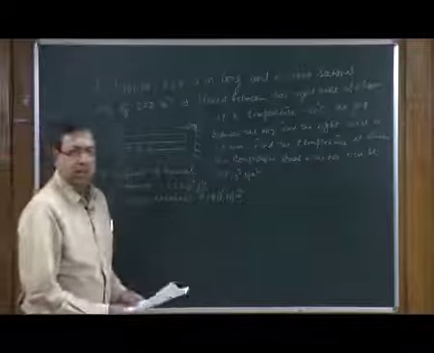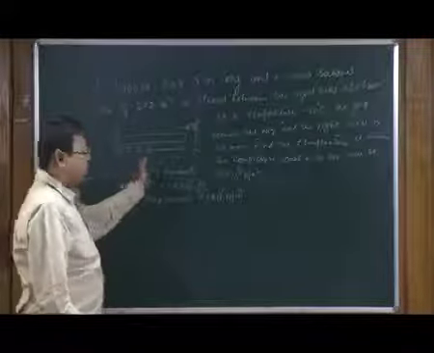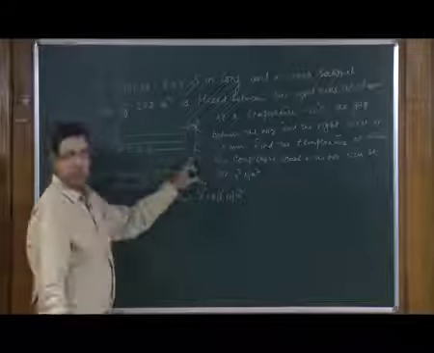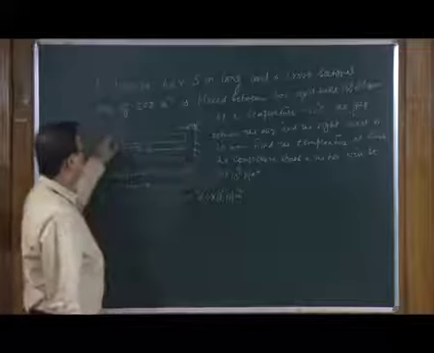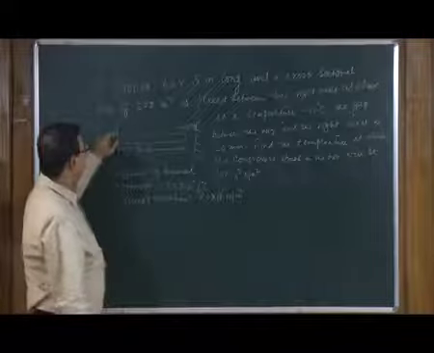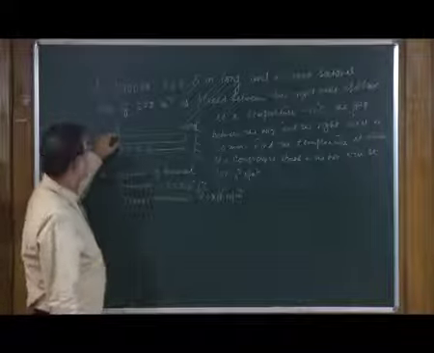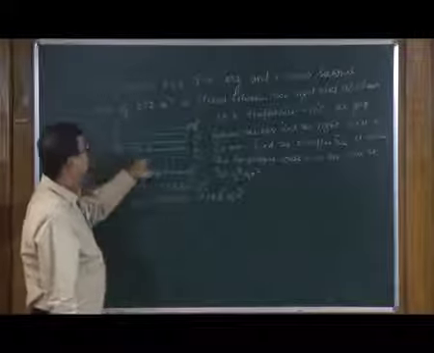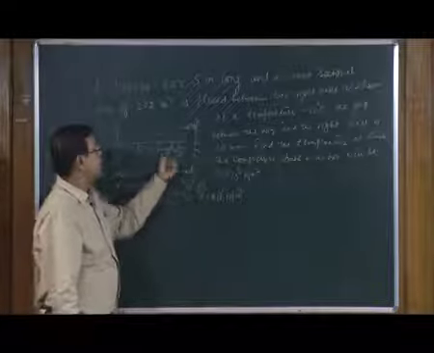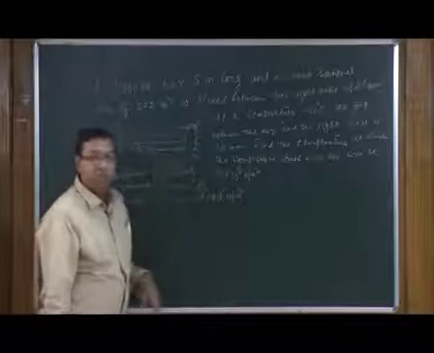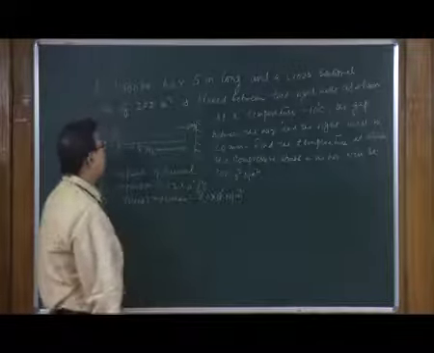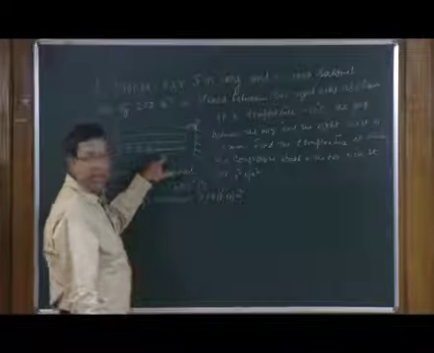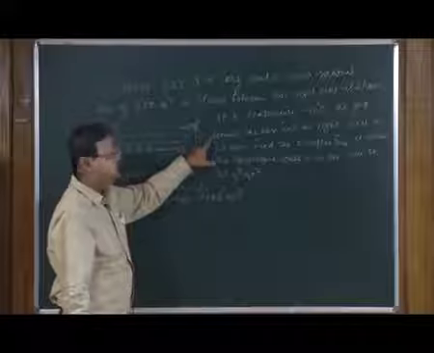So, just to summarize the problem, there are two rigid walls and a bronze bar tied with the left wall with an initial length of 5 meters. There is a small gap of 20 millimeters with the right wall, and this is the situation at minus 10 degree centigrade.